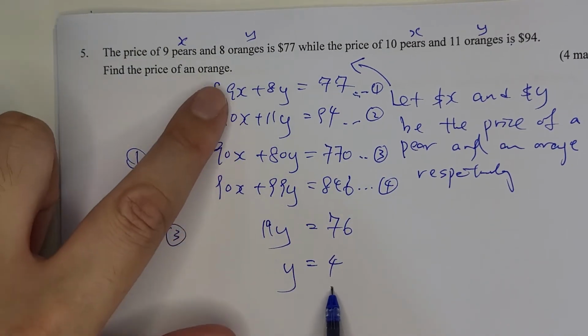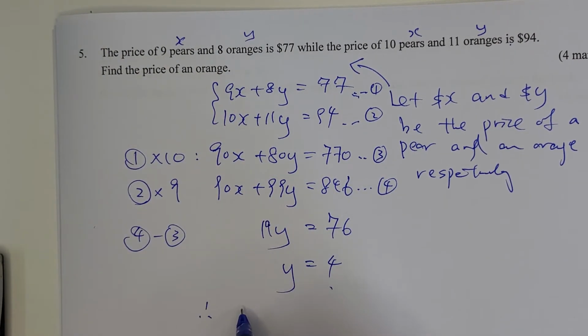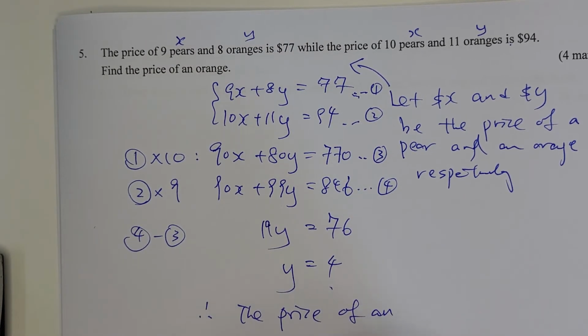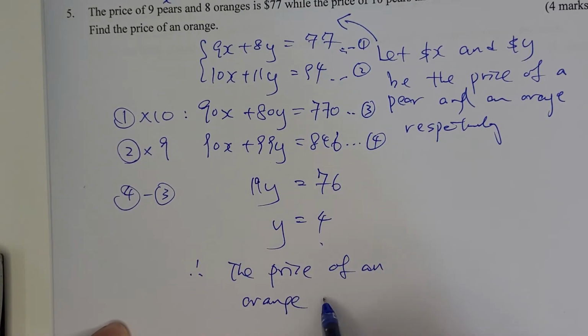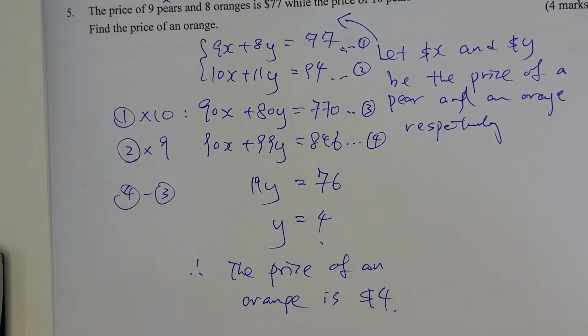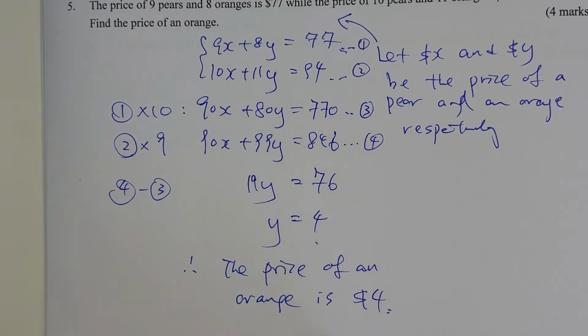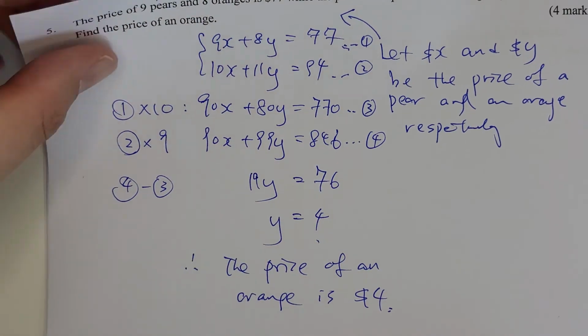And that's the price of an orange. No need to find x. The price of an orange is $4. Okay, so that's it. That's the end of question number 5. Okay, here there's 19. Okay, sorry.